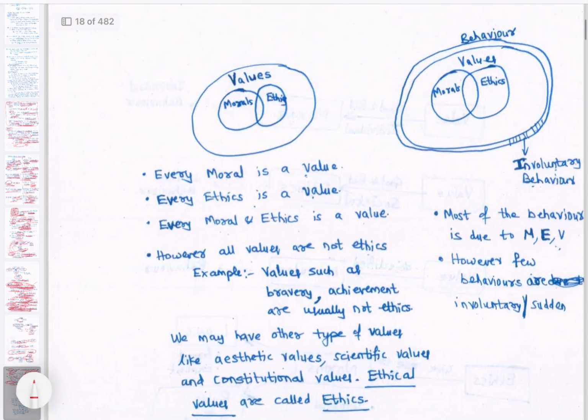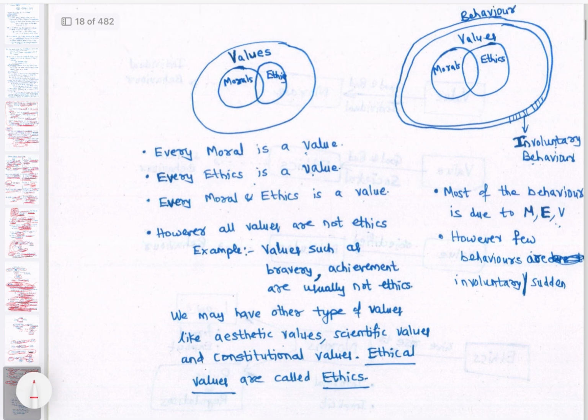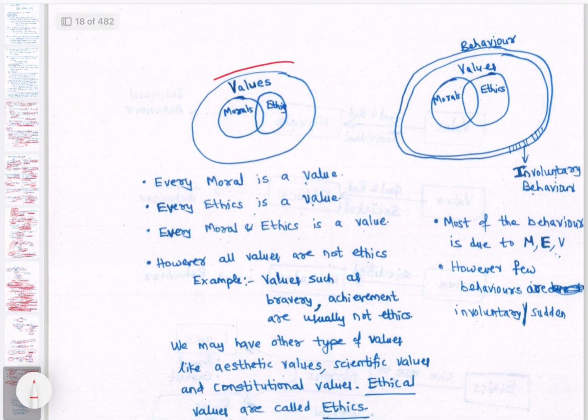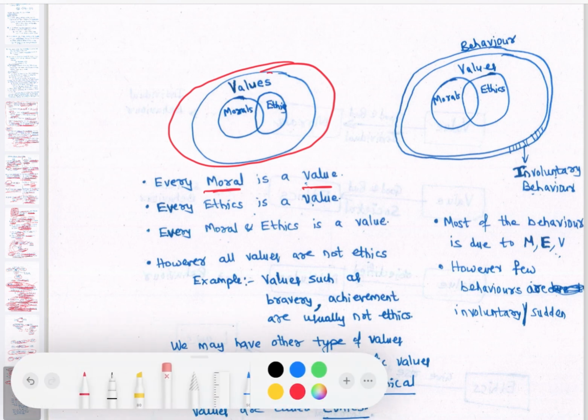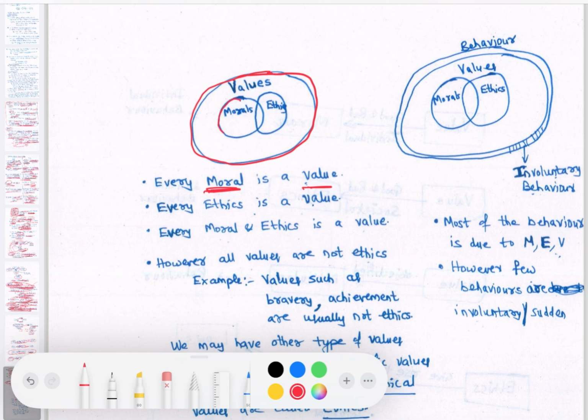Then one more thing is values, morals and ethics. We have already discussed this in the last class. That is, every moral is a value. See, value is this circle. So values are broader things, and every moral is a value.